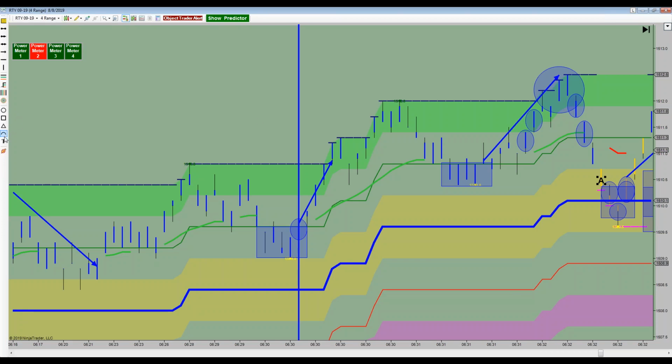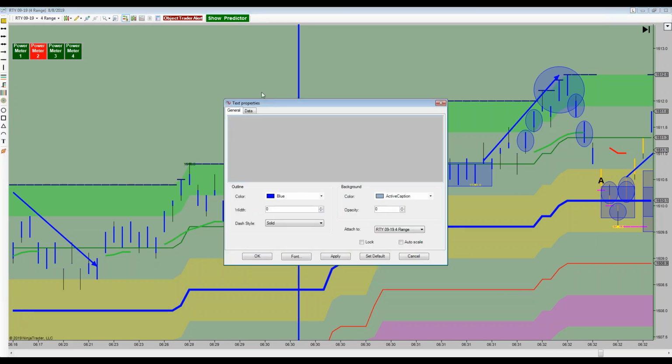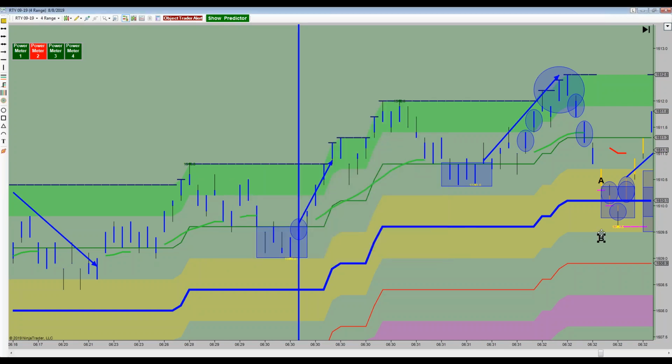Bar B is the middle one here. And bar C is here.